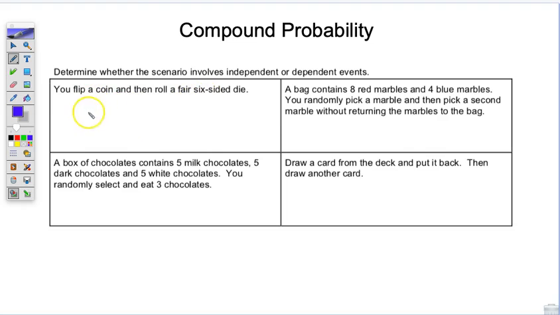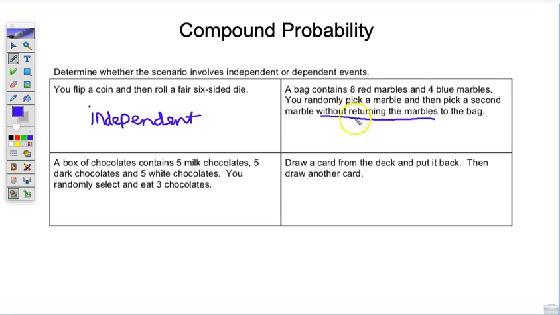These are two separate events, so these are considered independent events. The second one: a bag contains 8 red marbles and 4 blue marbles, and you randomly pick a marble and then pick a second marble without returning the marbles to the bag.